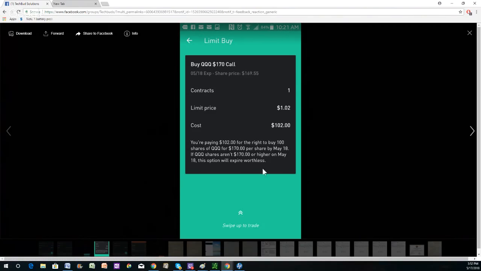After that, you can swipe up just like a regular stock to buy it, and it says that you're paying for the right to buy 100 shares of that stock for $170 by May 18.